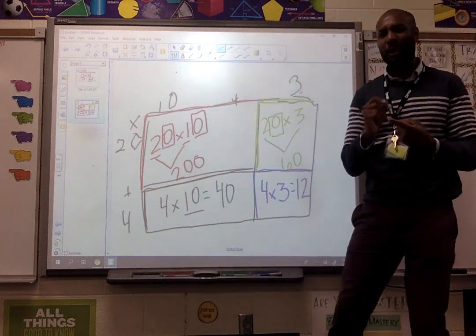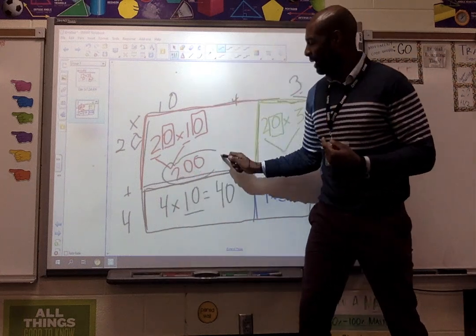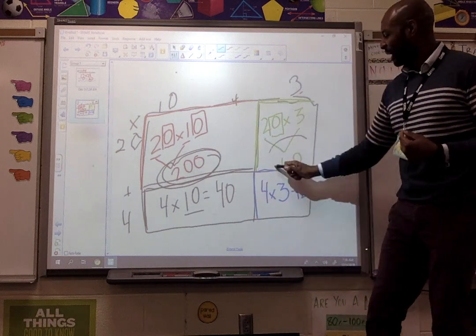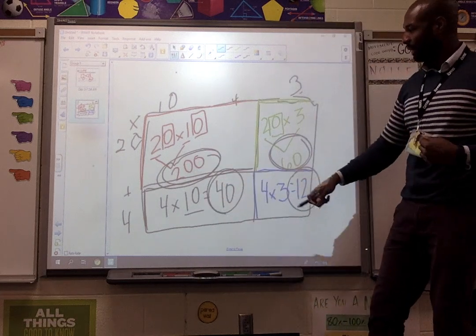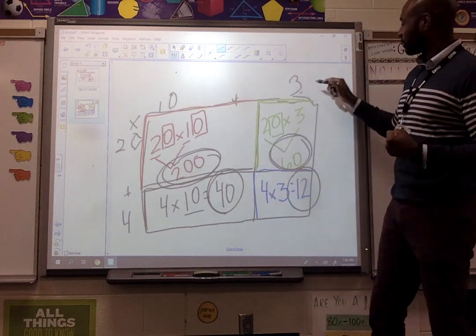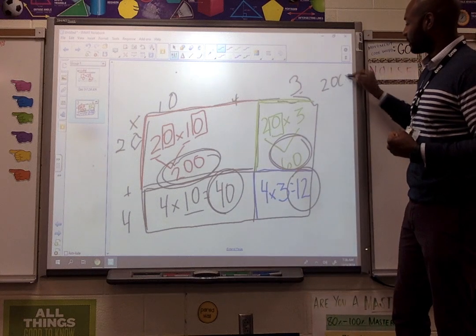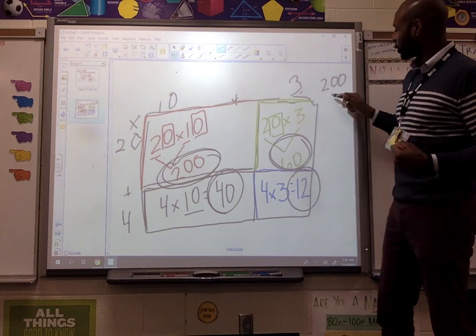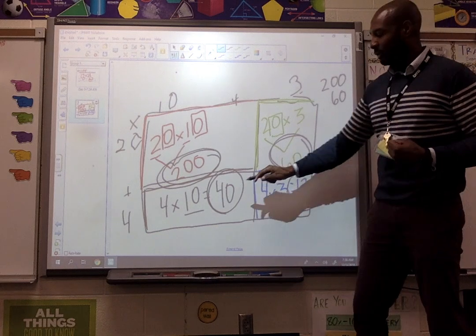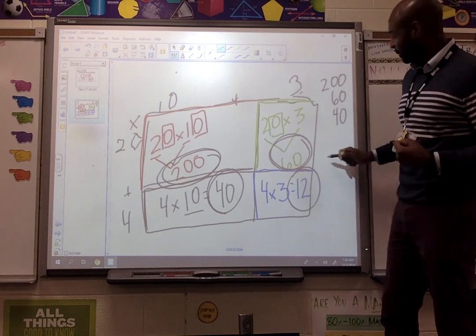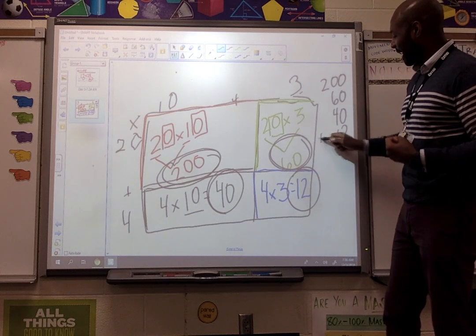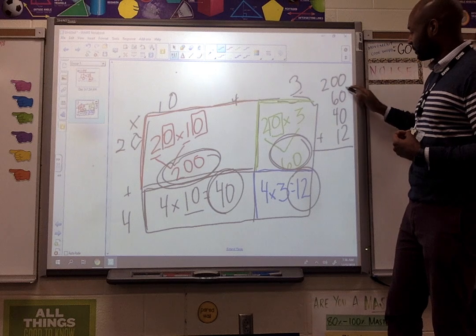So now that I have all my partial products, I'm going to add them together. So right now I should have together my 200 is a partial product. I'm going to rewrite that over here. 60 is a partial product. 40 is a partial product. And 12 is a partial product. And I'm going to add all of those together.